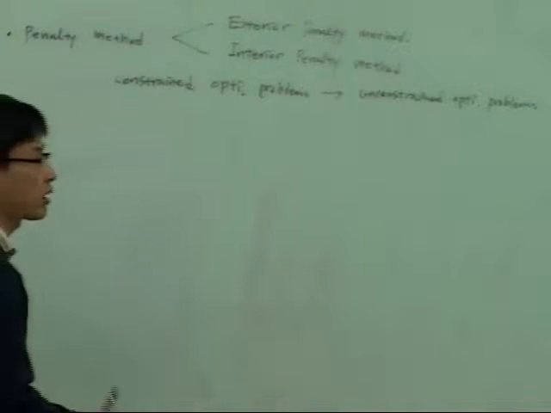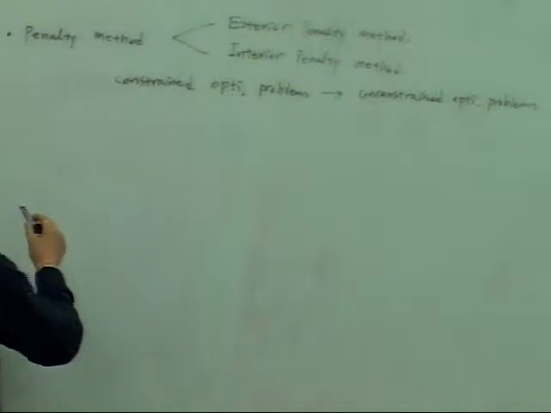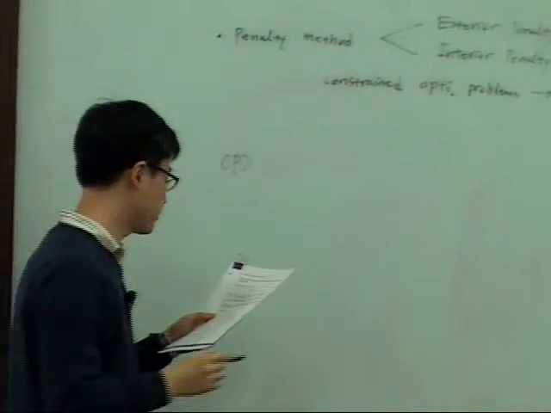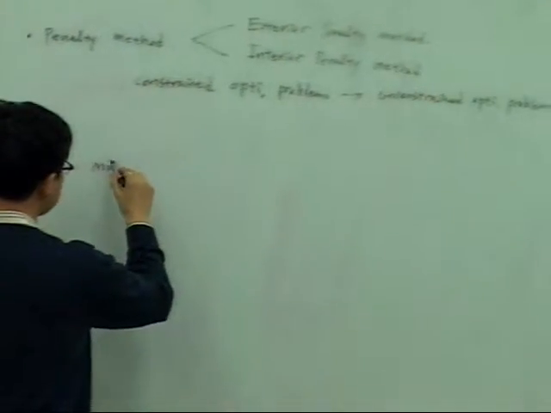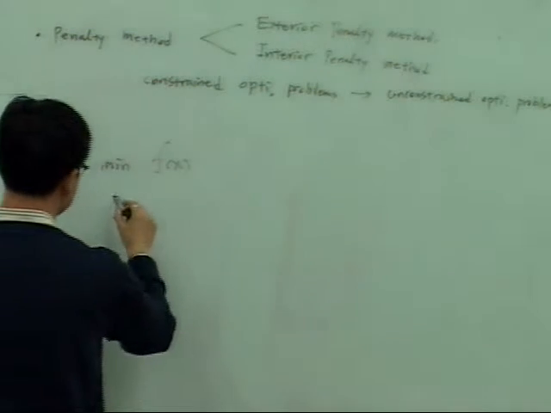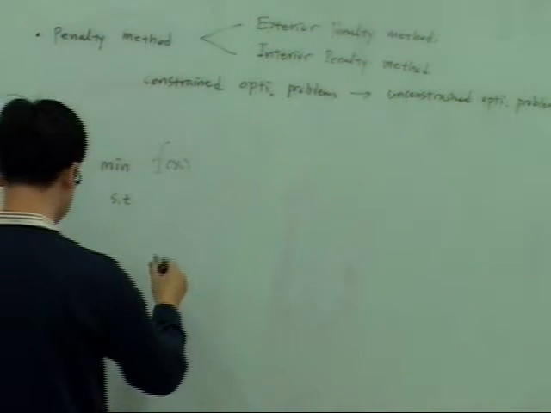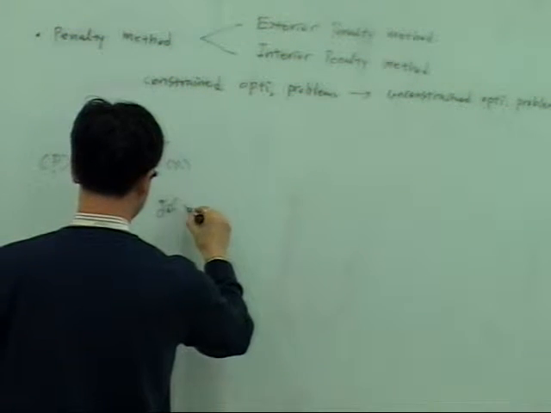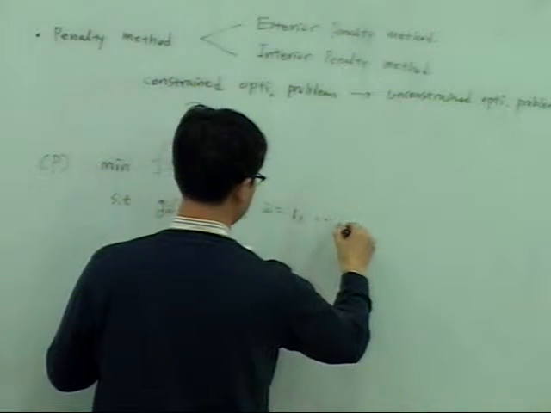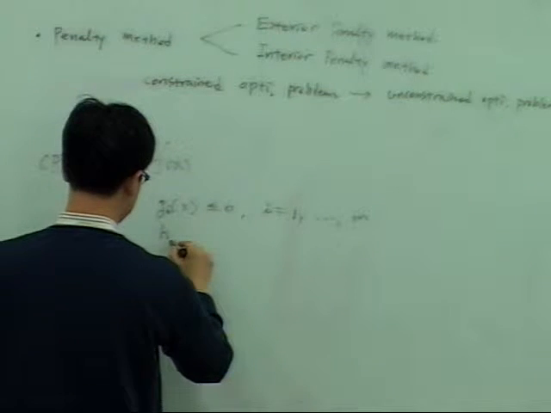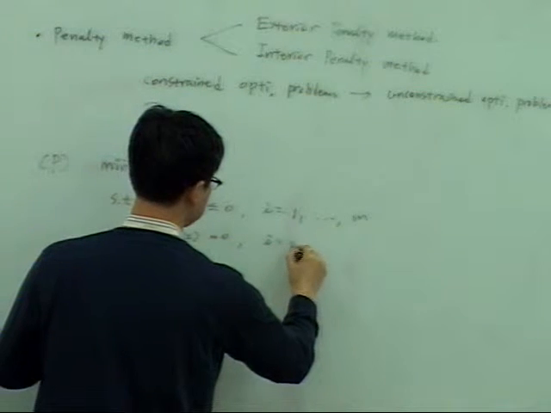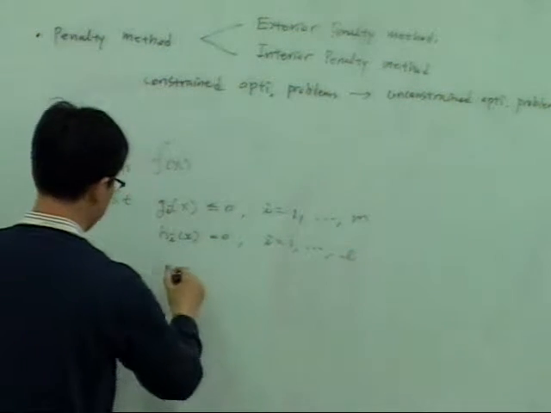Okay, let's begin with our original problem. Consider our problem, the constraint optimization problem, which is minimization of some function f(x), subject to an equality constraint and an inequality constraint.